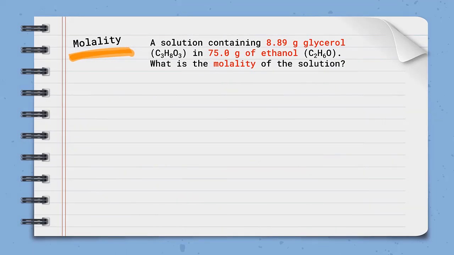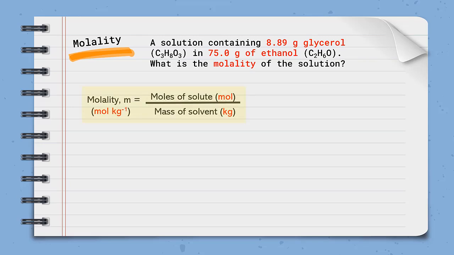Next, we have molality. First, you need to write the formula as a checklist of what kind of information to gather. We have this mole of solute and also mass of solvent to find. At the moment, you are given a solution containing 8.89 gram glycerol in 75 gram ethanol.